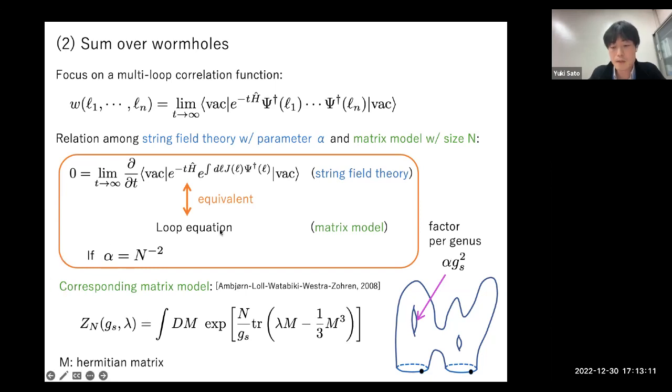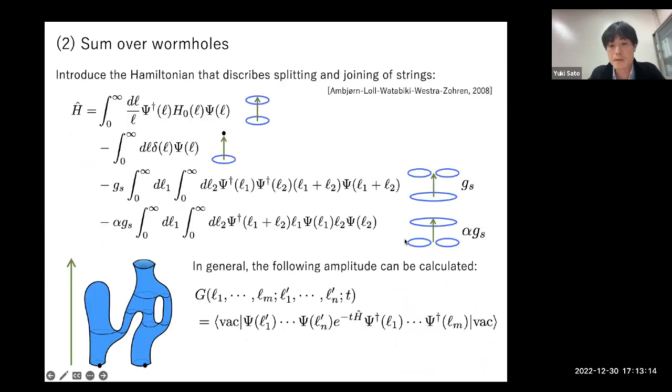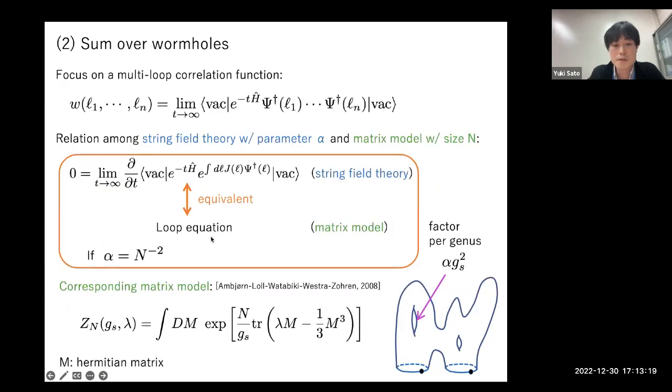And alpha appeared in this merging interaction. So essentially, this parameter alpha counts the number of the genus, or the number of wormholes. That is why this parameter alpha is related to the matrix size N. But anyway, the corresponding matrix model is given by this, and this M is the N by N Hermitian matrix. So this is a very simple matrix.